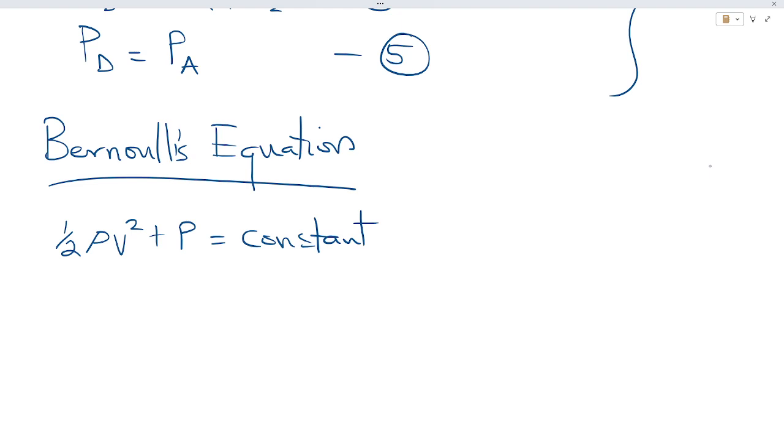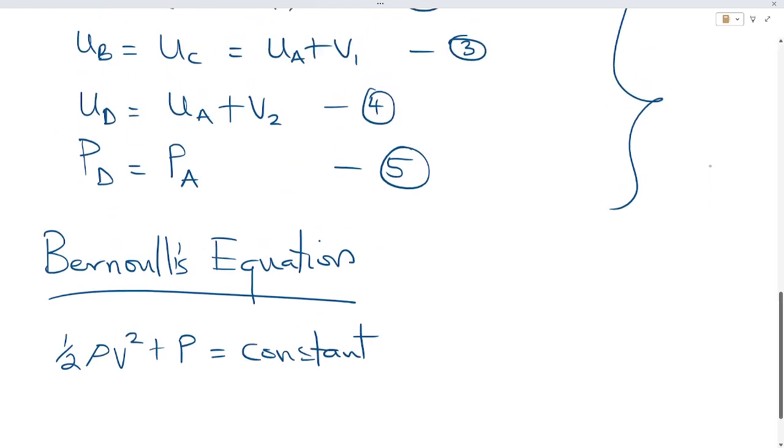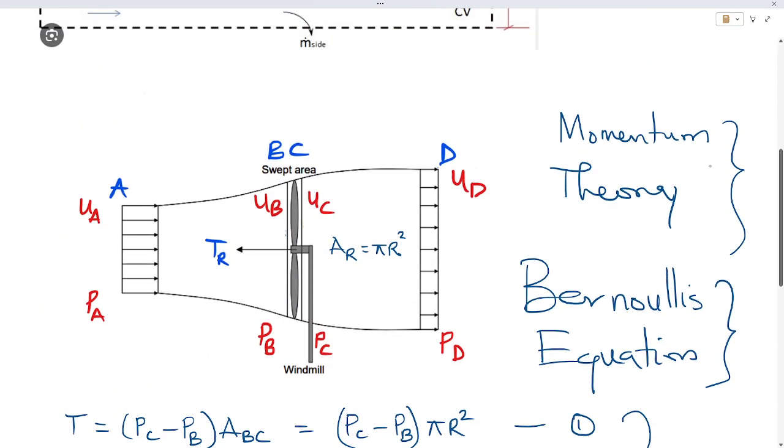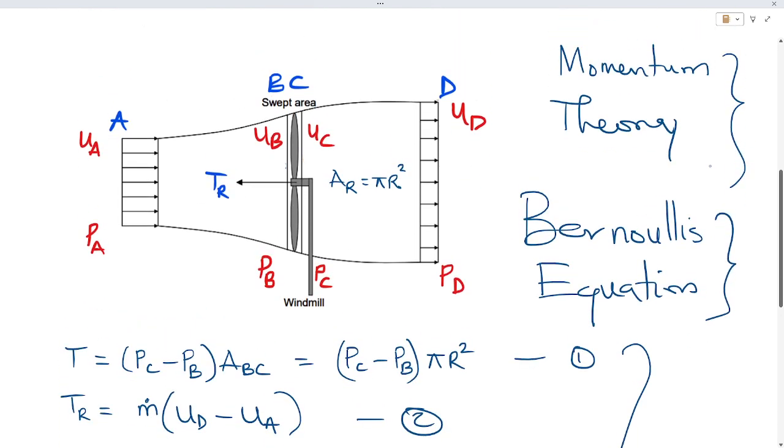And that's the Bernoulli equation. From there, we can apply it to the cross sections of A and B, this particular section and this particular section. Don't let us forget this is AB and this is CD.